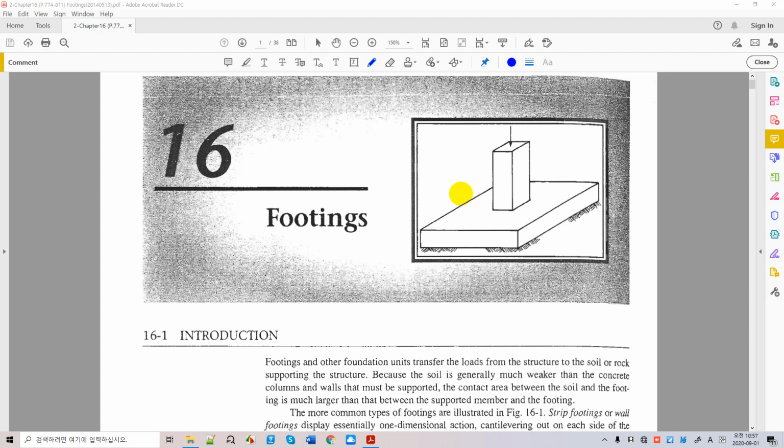Foundations are especially important for weak soils, where you have a big settlement against the vertical load on top of the buildings.